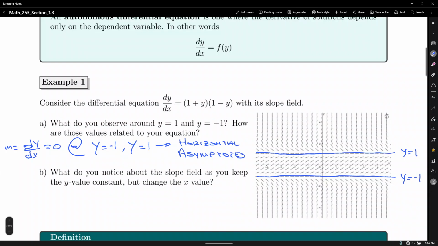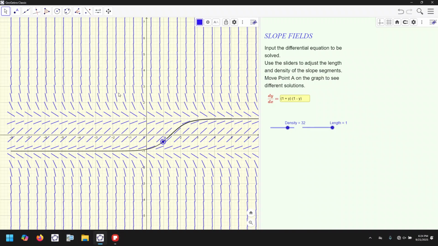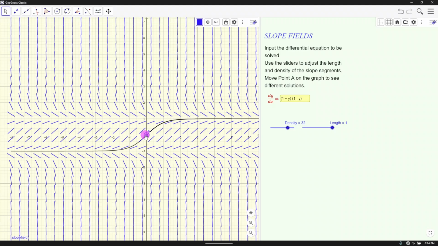Now, what do we notice about the slope field as we keep the y value constant, but we change the x value? Let's go back to the GeoGebra file here. I'm going to consider many different solutions where notice the y value I'm keeping the same, however the x value is changing.